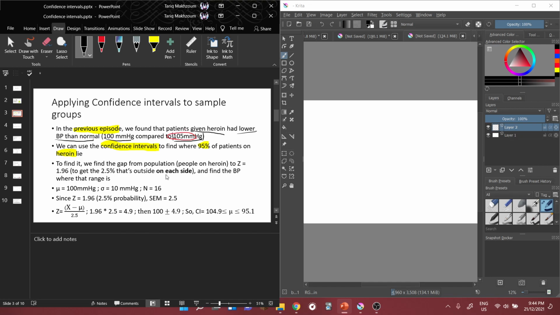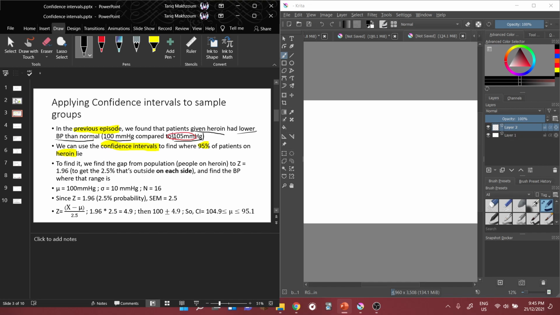In the previous video, when we were calculating the p-value, we were trying to find the z-value, and then we'd go to the z-table and check if it had a p-value of less than 5%.